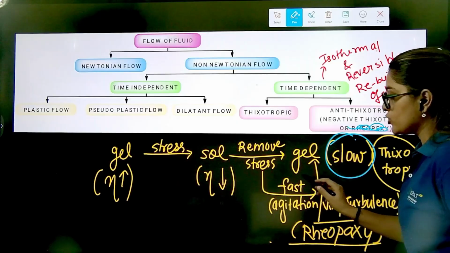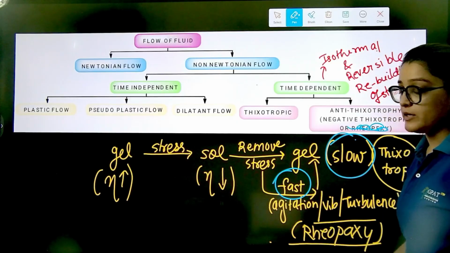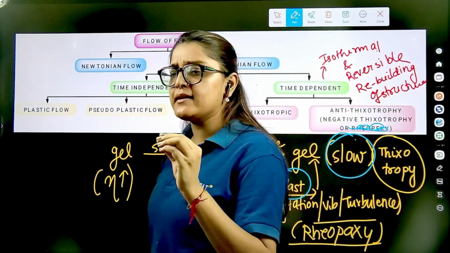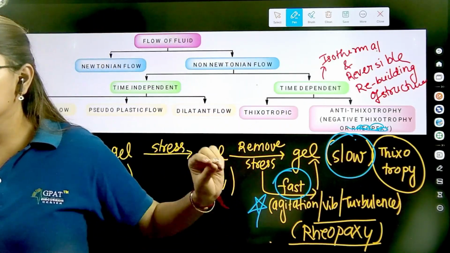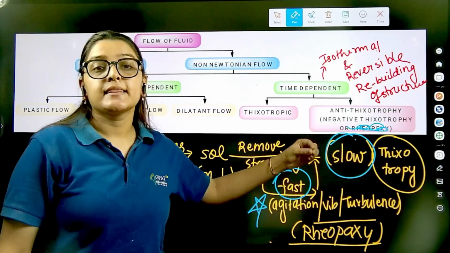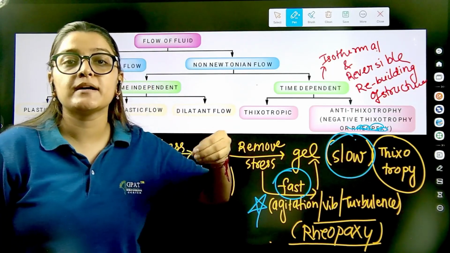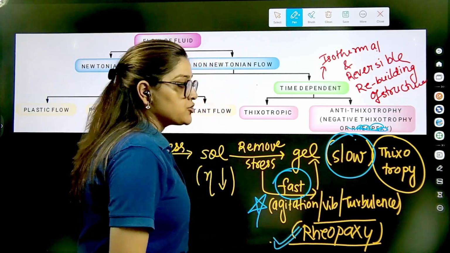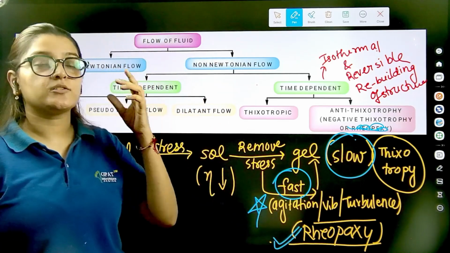Then if you want to convert it fast, you need to apply any additional force. Simply gentle agitation, gentle stirring, gentle vibration or turbulence that can convert this at a much faster pace. Then you get the rheopexy. So now somebody asks you what is rheopexy or thixotropy.